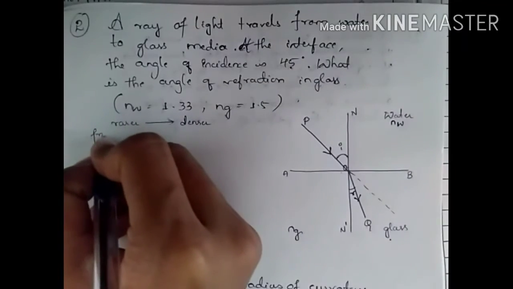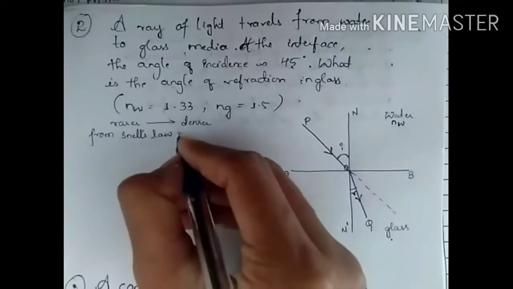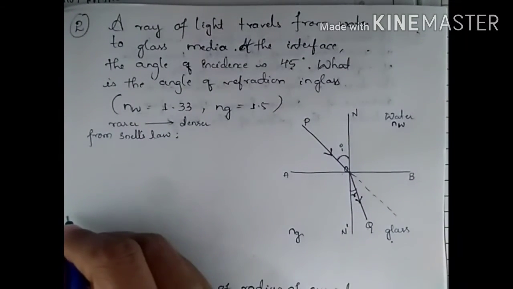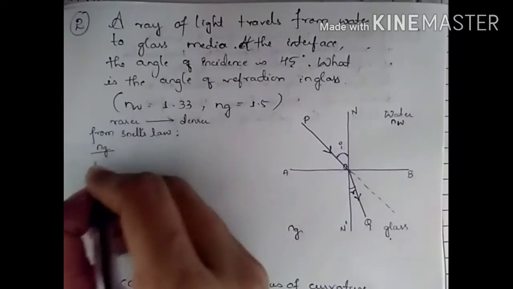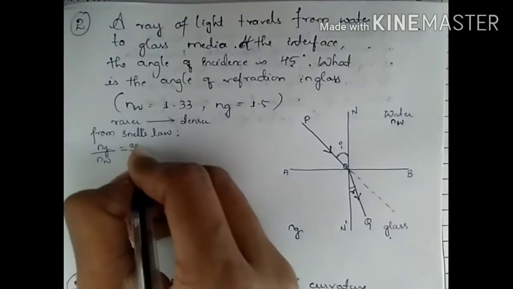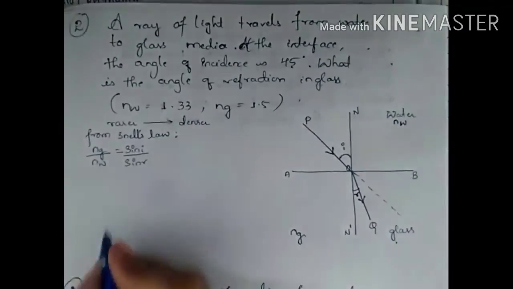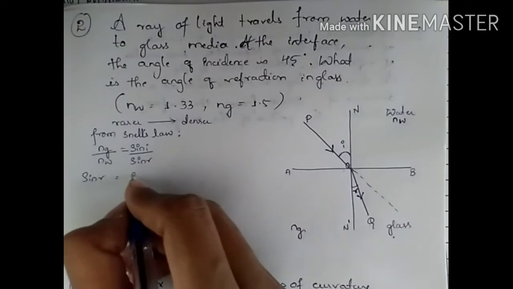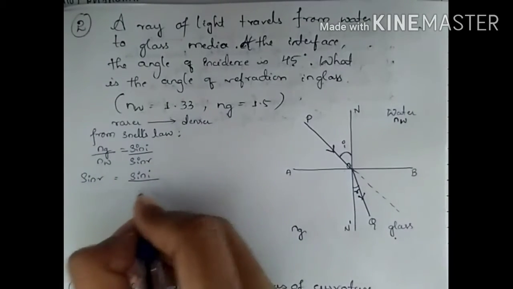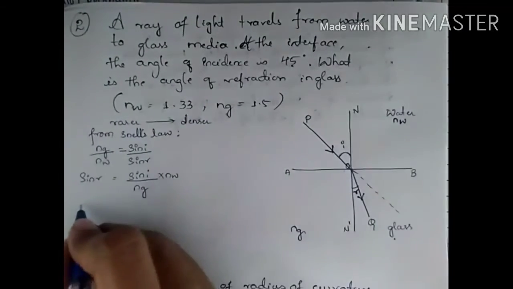Now again from Snell's law, sin I by sin R can be written as n_g by n_w. So n_g by n_w is sin I by sin R. What we need is sin R. Sin R will be equal to sin I divided by n_g multiplied with n_w.